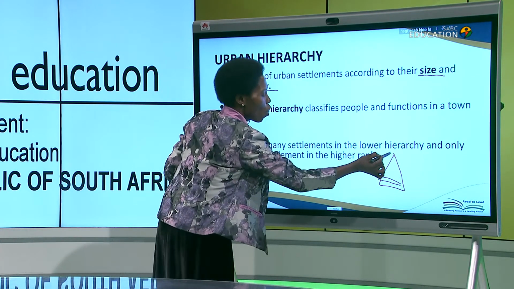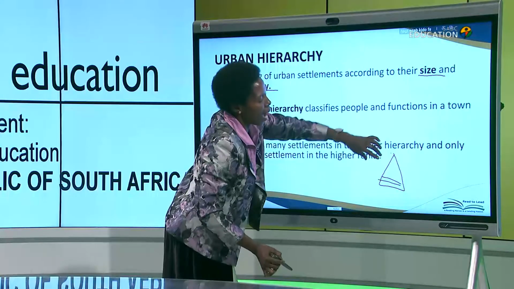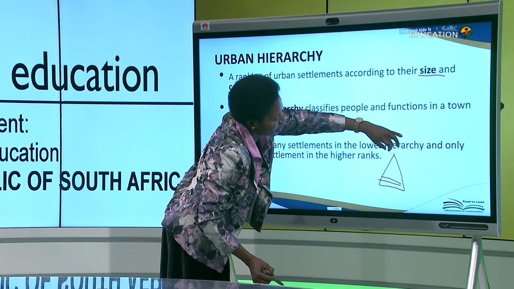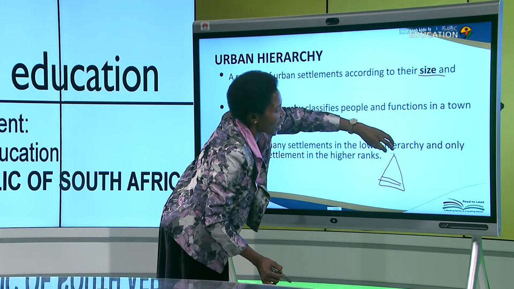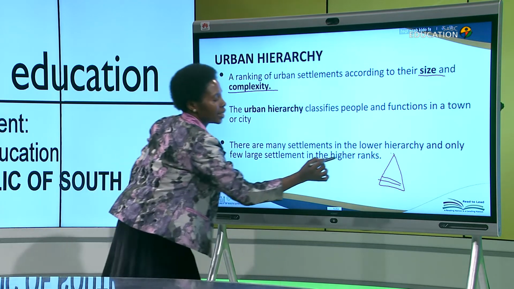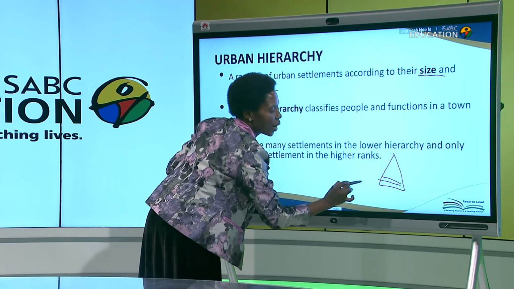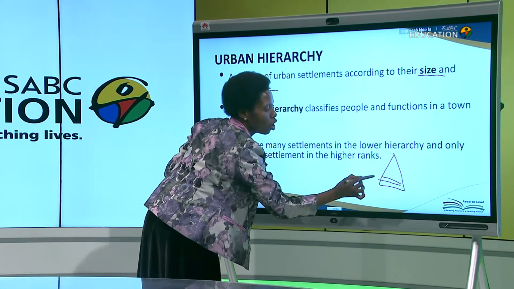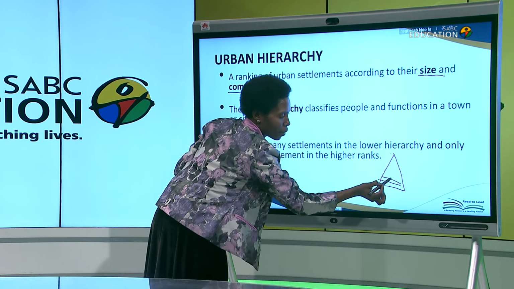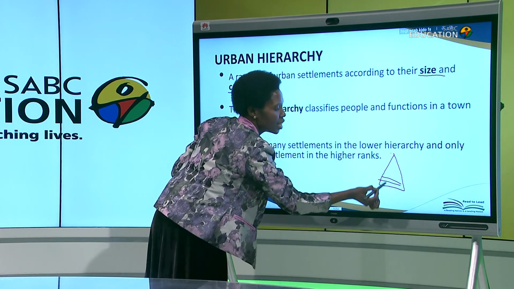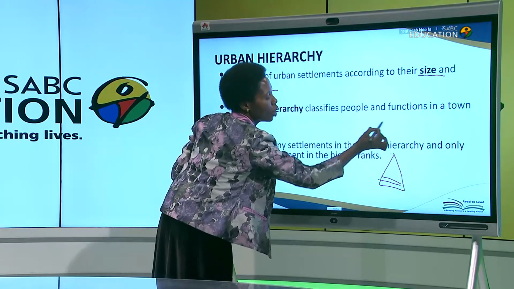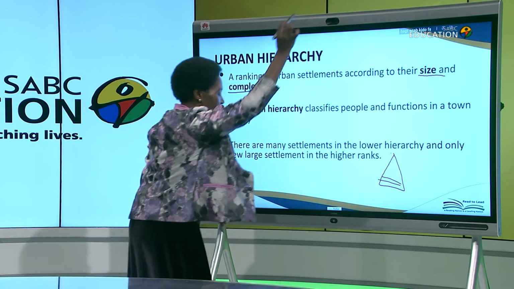But in the higher part of the pyramid, we've got higher rank. So these are the things that you need to take note of. We've got few functions, but many settlements, many people. But when you go up, the functions are increasing, services are increasing, and we've got many people found in the higher rank.